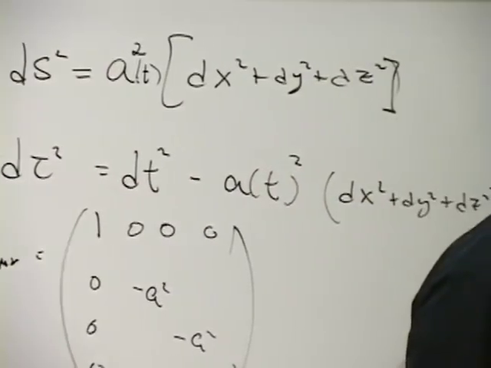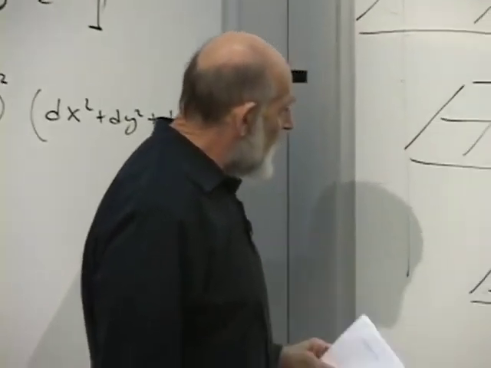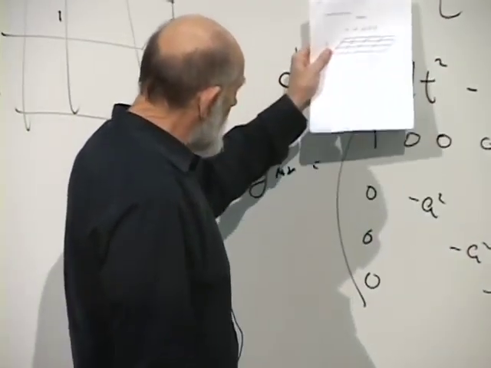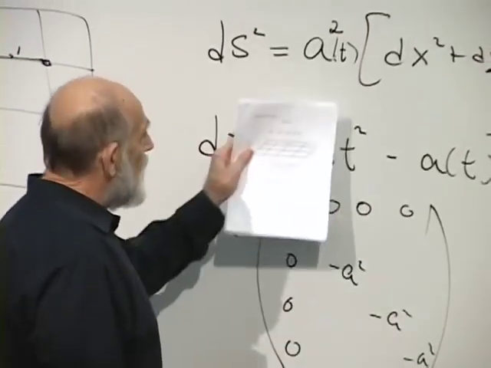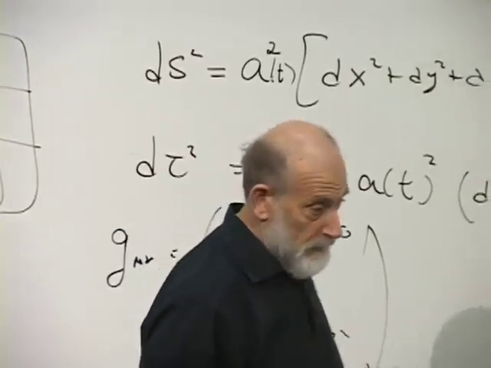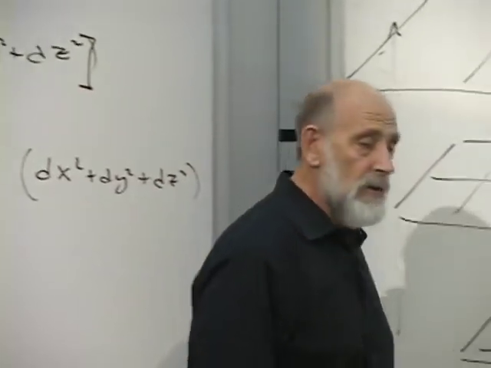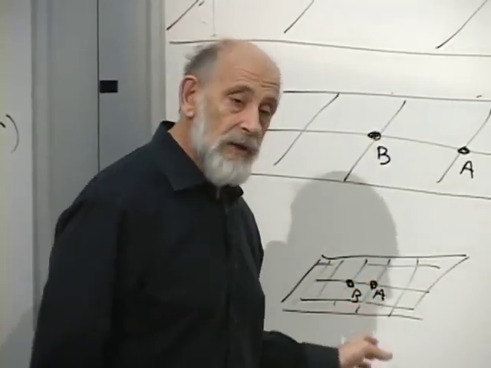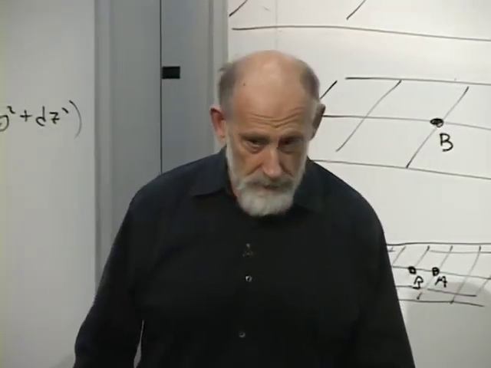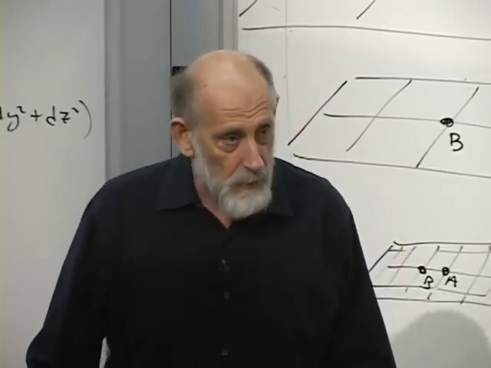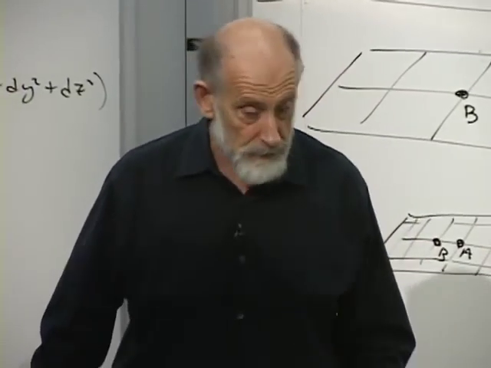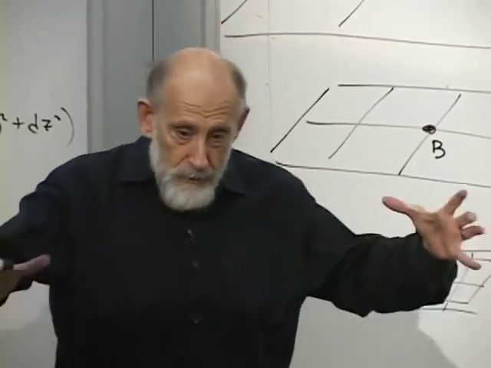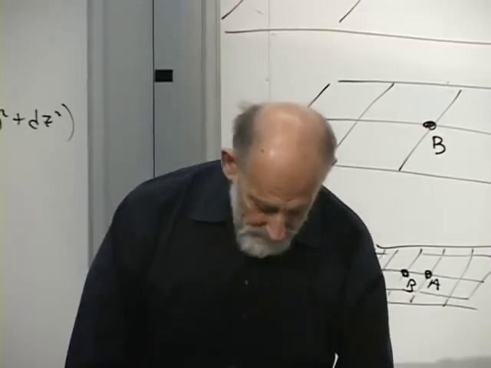A is the actual distance between neighboring points. And as you can see, something rather dramatic happens if A becomes 0. In particular, if A in the past was 0 at some time, that effectively means that everything is squashed on top of everything else. Squashed in the sense that the number of meters separating Alice's and Bob's galaxies goes to 0, which means Alice and Bob are squashed on top of each other.